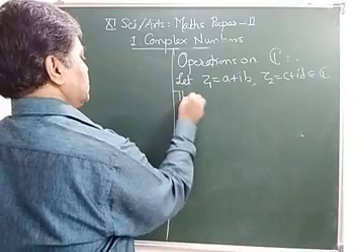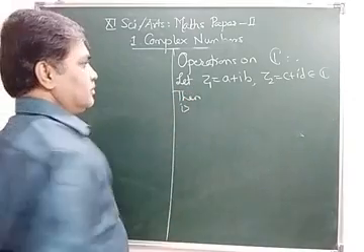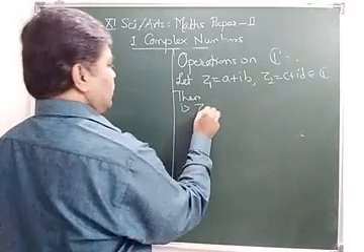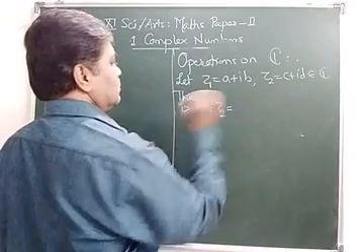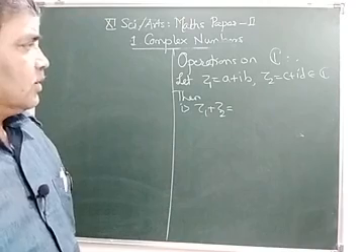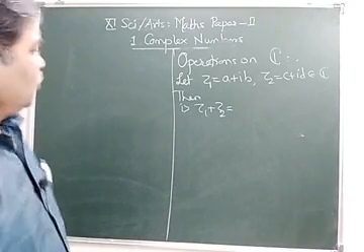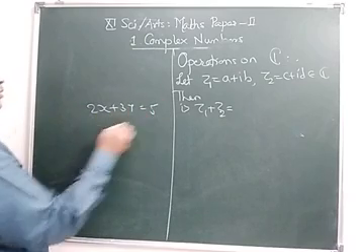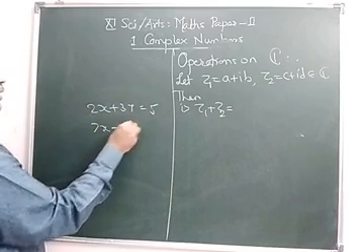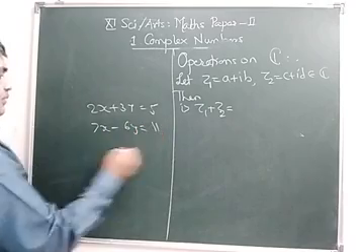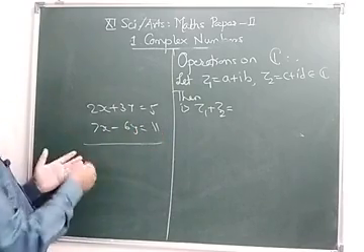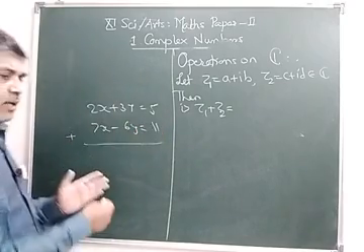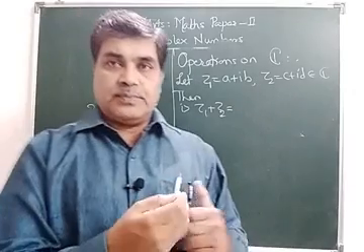Then the first operation, Z1 plus Z2. Now you know how to add 2x plus 3y is equal to 5, 7x minus 6y is equal to say 11. In addition, you are adding like terms.